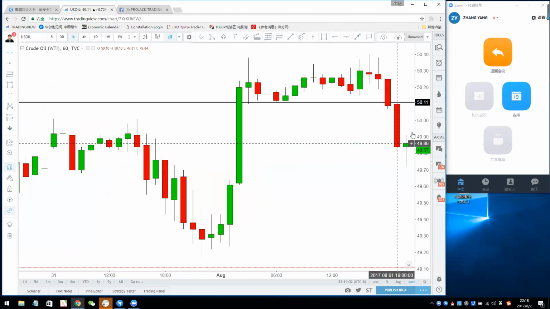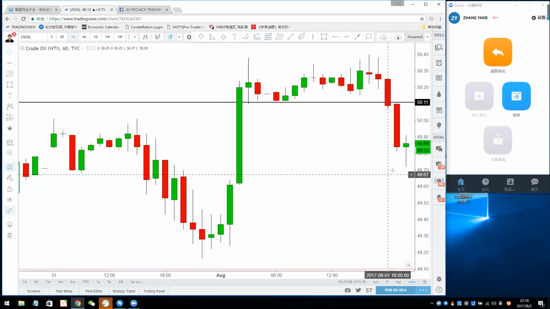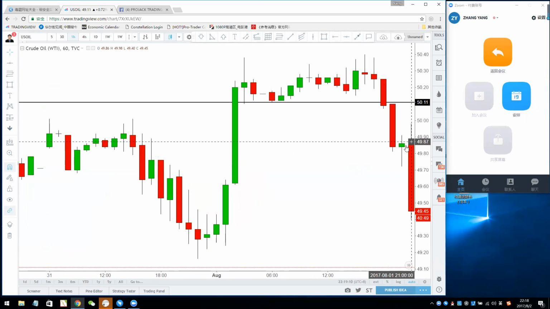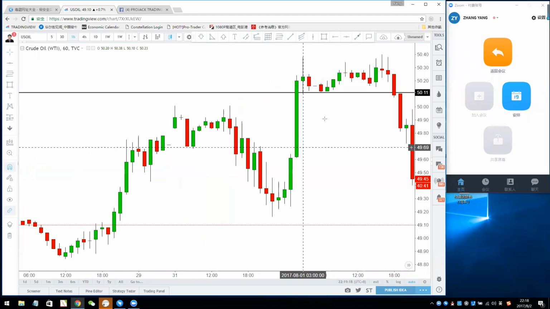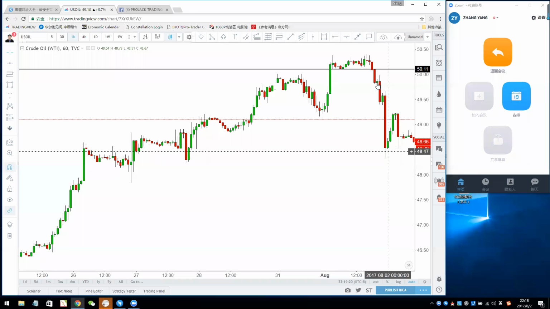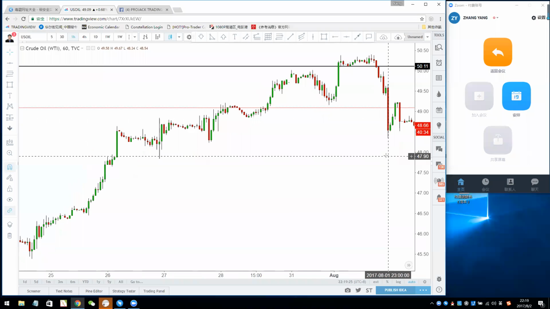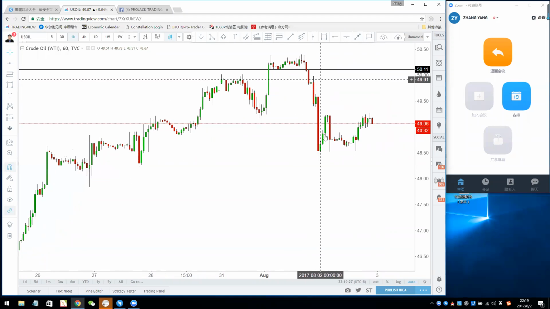Although it is a green candle, which tells you it's buyers, it's just a bounce. So if the oil cannot close above 50, I'm going to short. It did retrace to about 49.98, and that's the place I entered a short. The short worked very well, from 49.97 to 48.36, that's a 160 pip move.